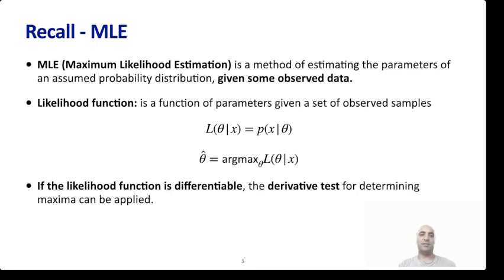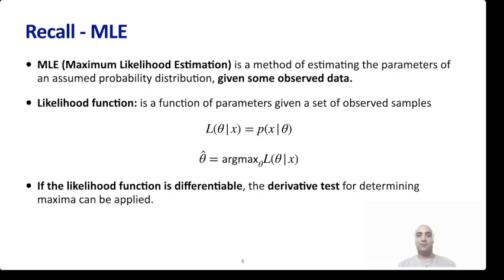The likelihood function is a function of theta, the parameters of a distribution, given a set of observed examples that we collected. So we know that x is fixed: we collected a set of samples and fixed them, and then theta becomes the variable.